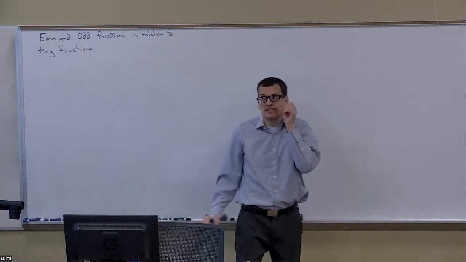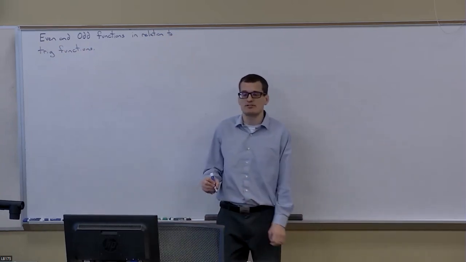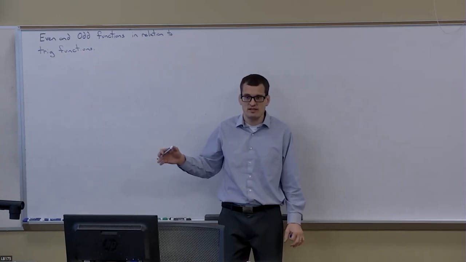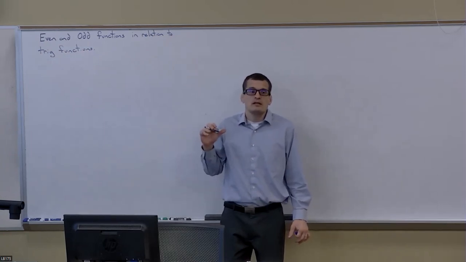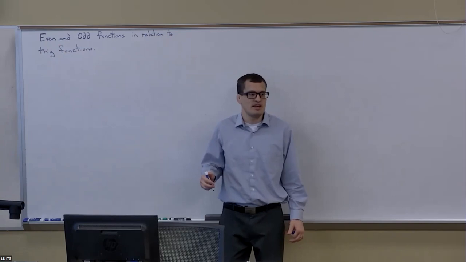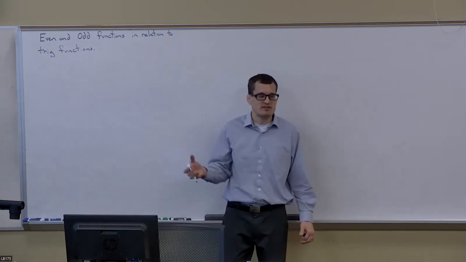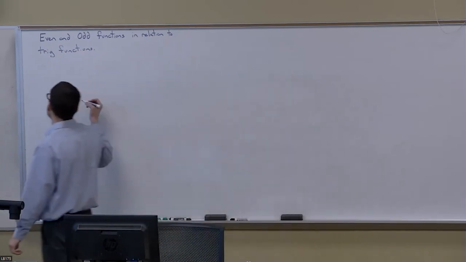I think the last time we talked about even and odd functions was section 1.5, so it's been a minute. Let me remind you what an even function meant and what an odd function meant.